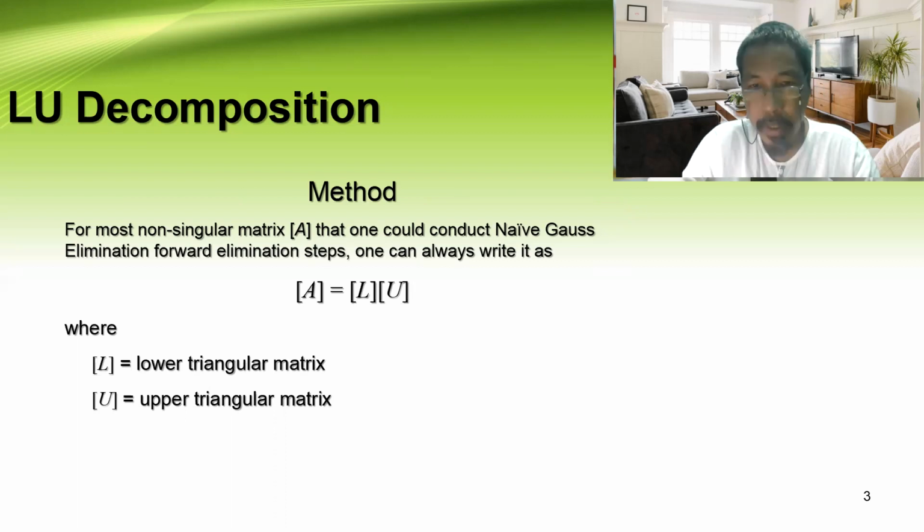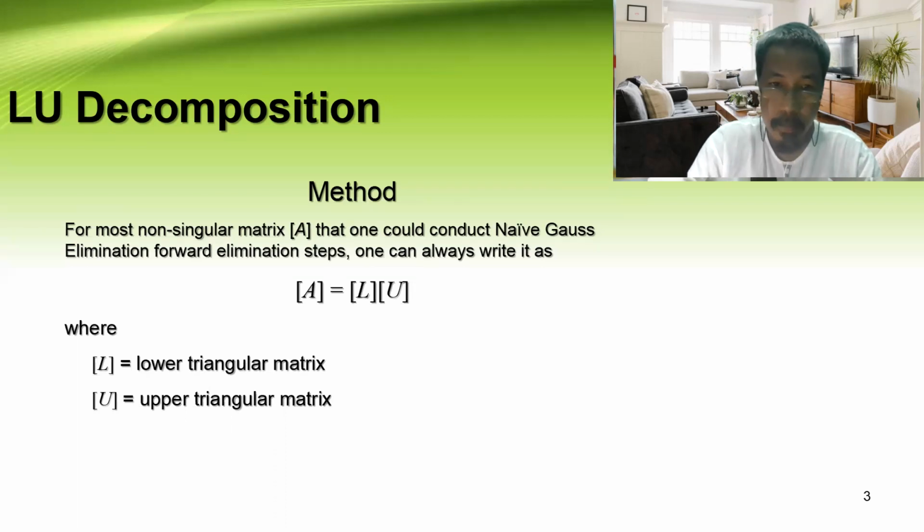One can always write it as matrix A equal to the matrix product of L and U, where L is the lower triangular matrix and U is the upper triangular matrix.